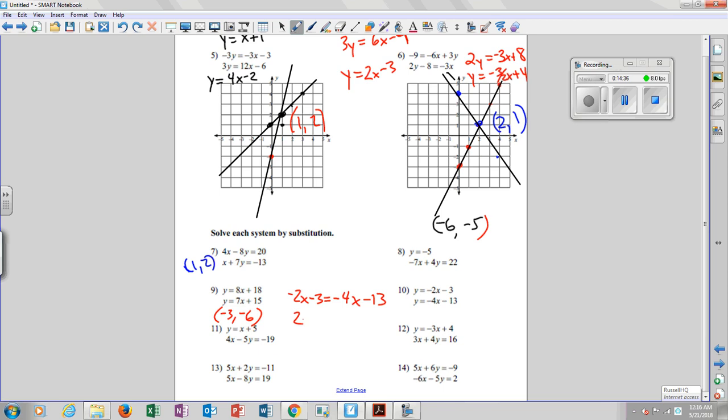Add the 4x over, gives you 2x minus 3 equals negative 13. Add the 3 over, 2x equals negative 10. So x equals negative 5. Take that negative 5, plug it in up here. Negative 2 times negative 5 is a positive 10 minus 3 is 7. Negative 5, 7.